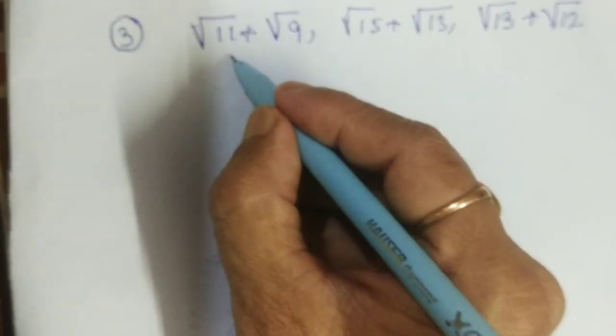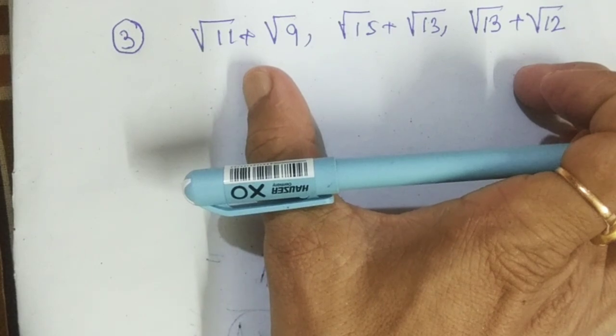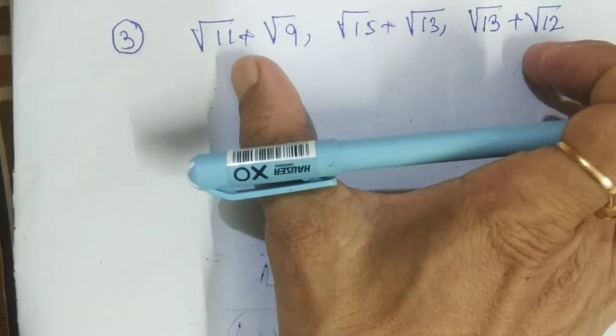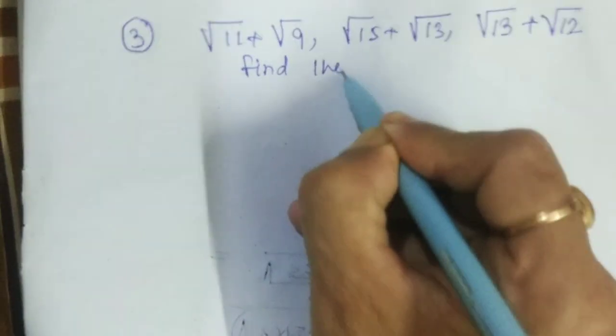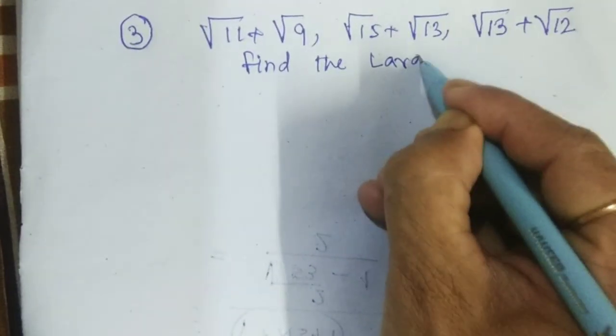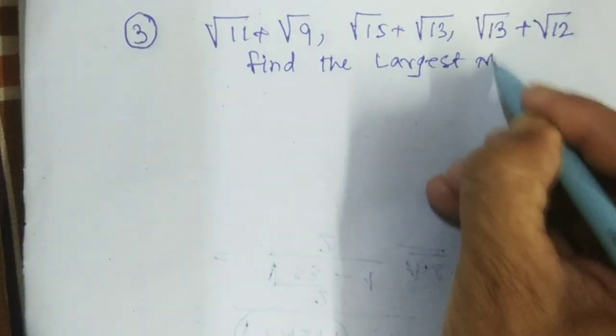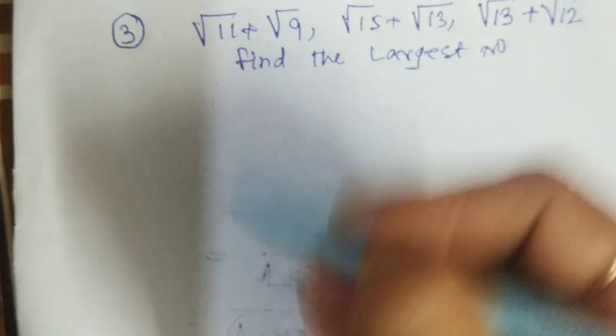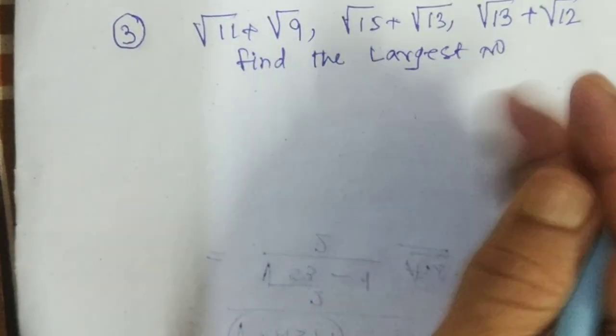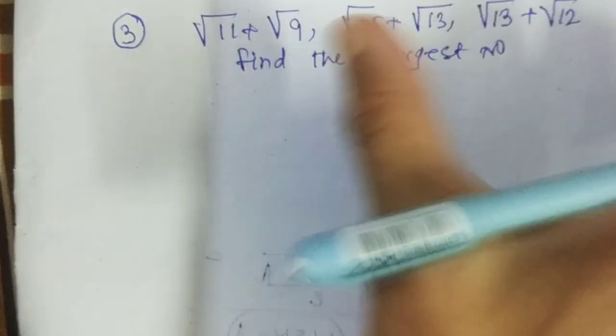So, find the largest number. What is the trick we will apply here so that we can solve this question within seconds?